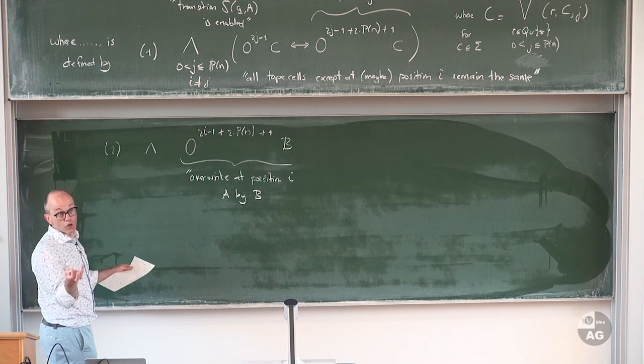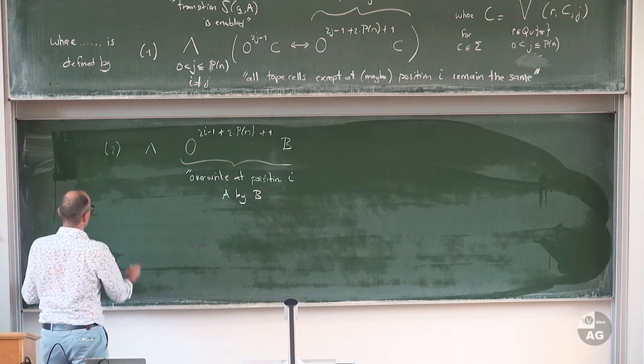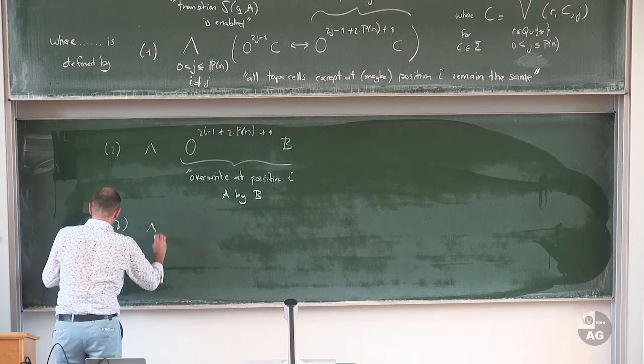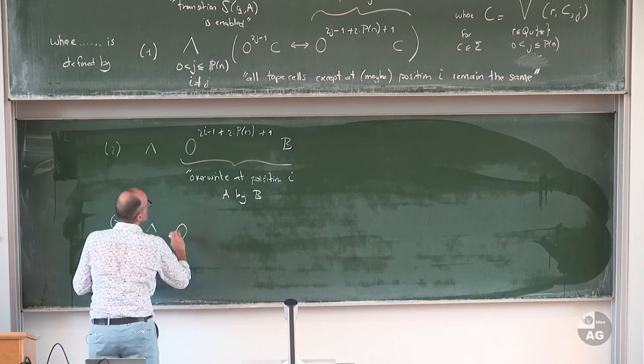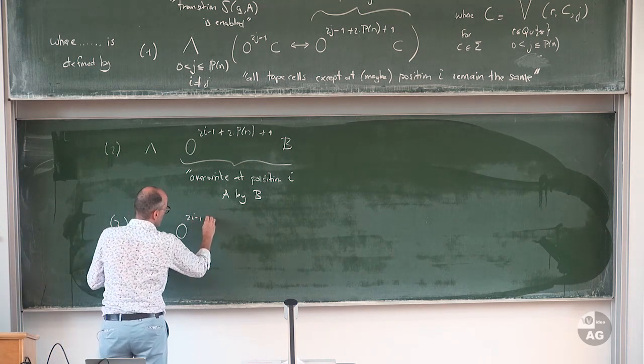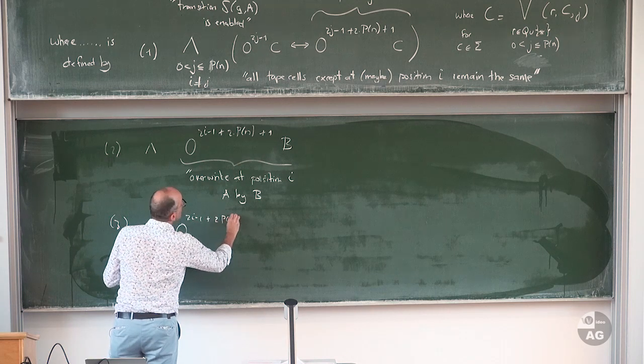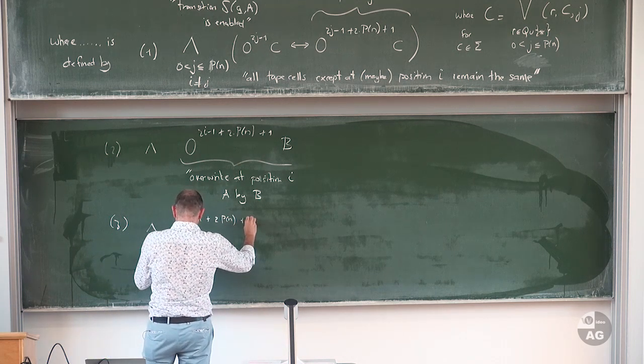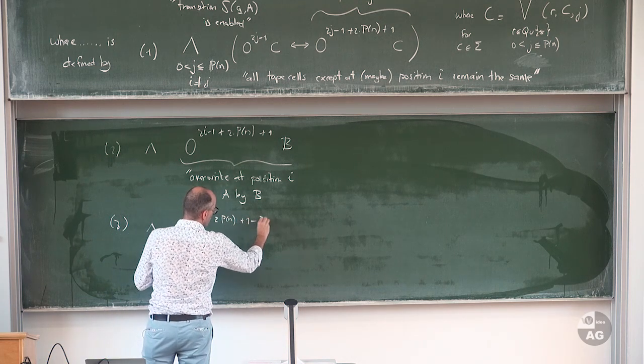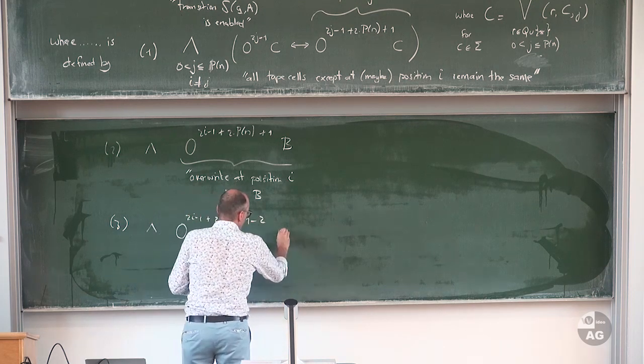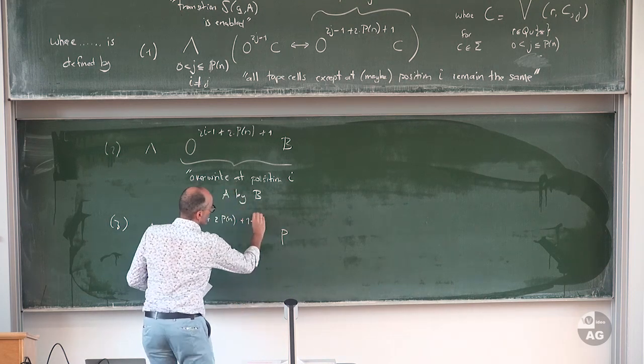Next thing, we need to change the control state. So the last thing is free. And next, I think same offset, 2i minus 1 plus 2 times Pn plus 1, plus 1 minus 2, sorry. We have P. Why the minus 2?